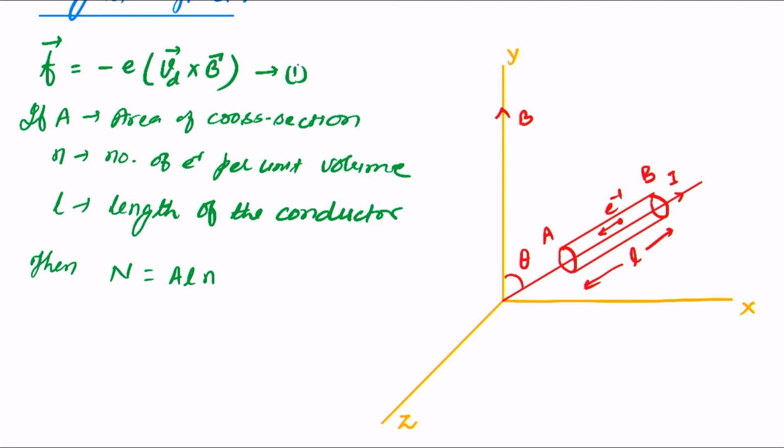So the total number of electrons in this conductor is N equals nAL.